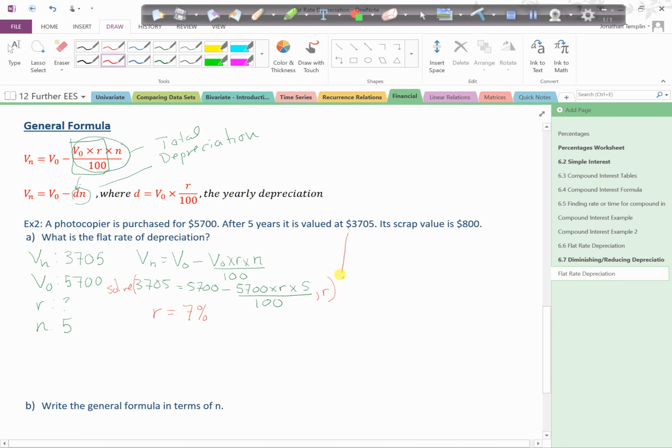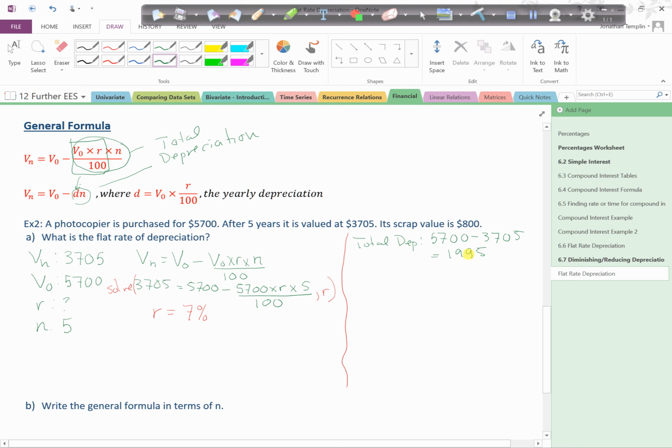Okay, but as I said, let's also just think about reasoning through this. The total depreciation, again, depreciation is how much I've lost. Well, if I started with 5,700 and I'm down to it being worth 3,705, that means I lost 1,995 over the life, or over the 5 years.